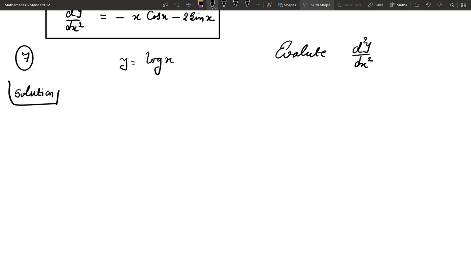So first we will find first order derivative and again we will differentiate it to get second order derivative. So y equal to log x, derivative of log x 1 upon x.